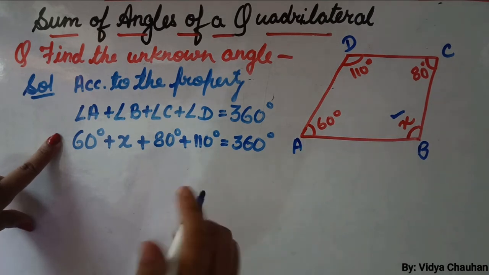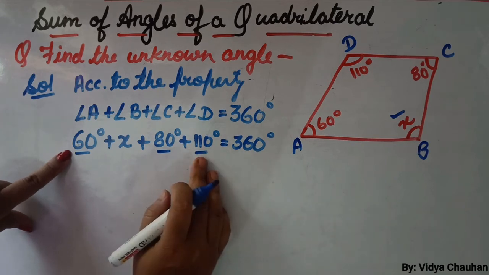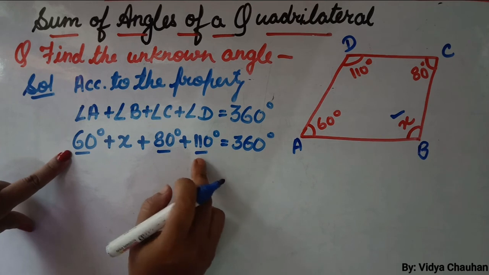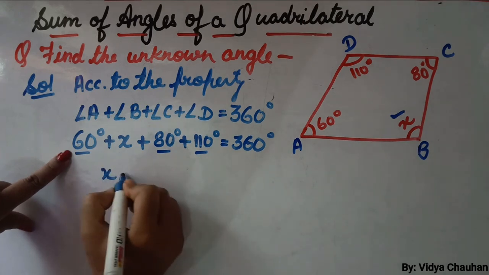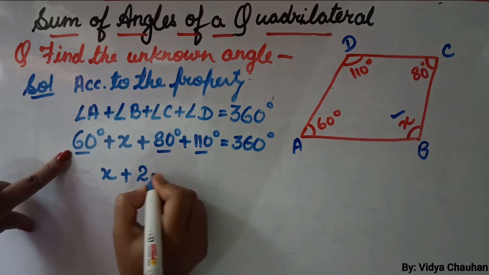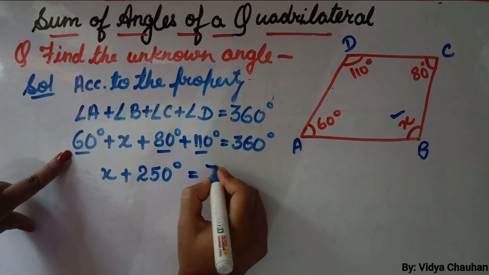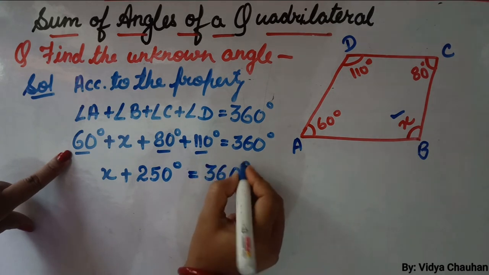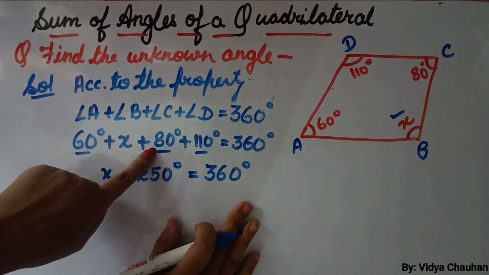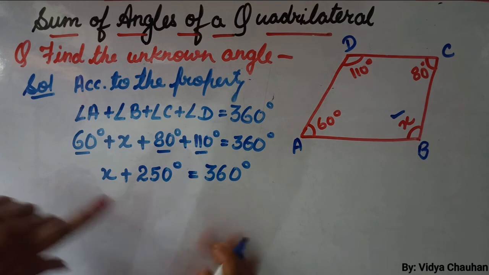Clear students? Now you will add 60 plus 80 plus 110. So 60 plus 80, 140 plus 110. So X plus 140 plus 110 gives you 250 degree, which is equals to 360 degree. So as you have added 60 plus 80, 140, 140 plus 110, 250.